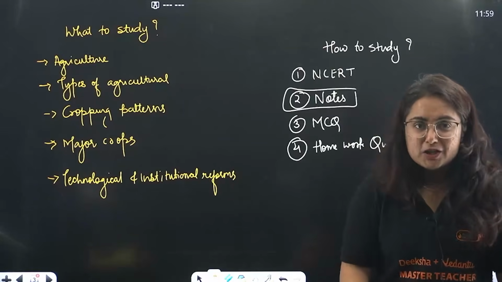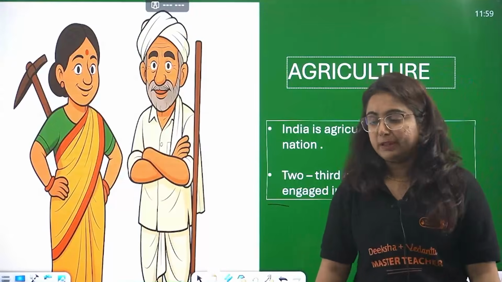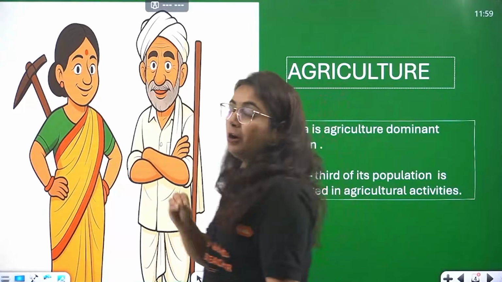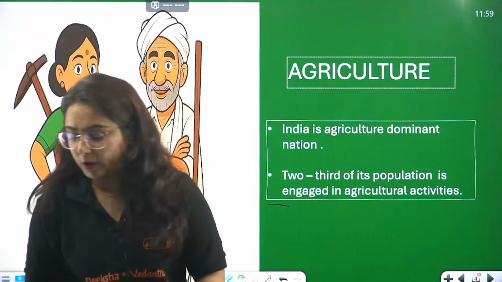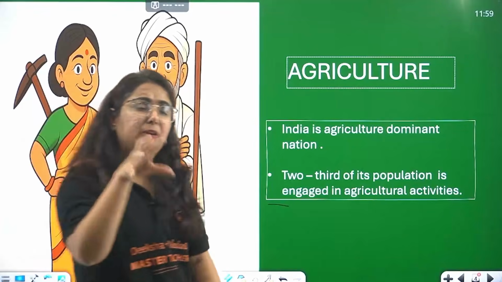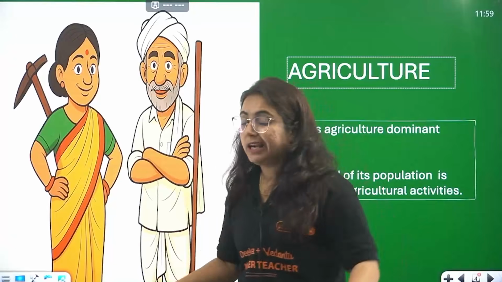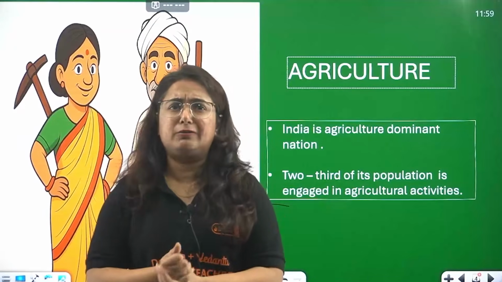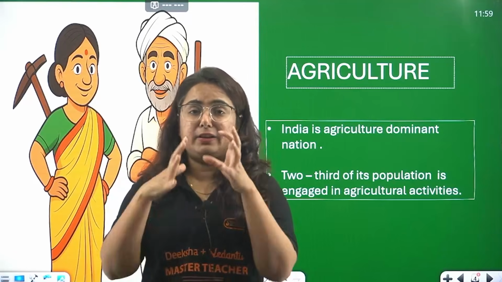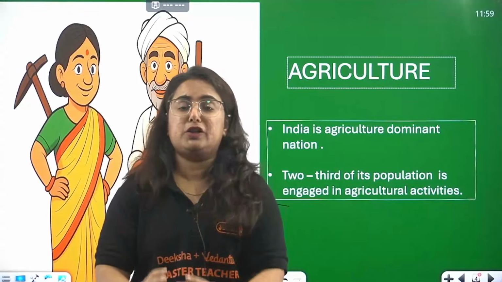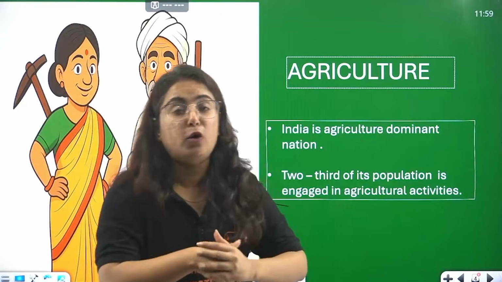So, when the chapter is agriculture, the heading itself tells us that, beta, see, India's economy is almost dependent upon the agriculture sector. When we were reading the chapter on development, we figured that out. In sectors of the Indian economy, we figured out that in 1970, 70% of the population was dependent on the agriculture sector, the primary sector, for income.